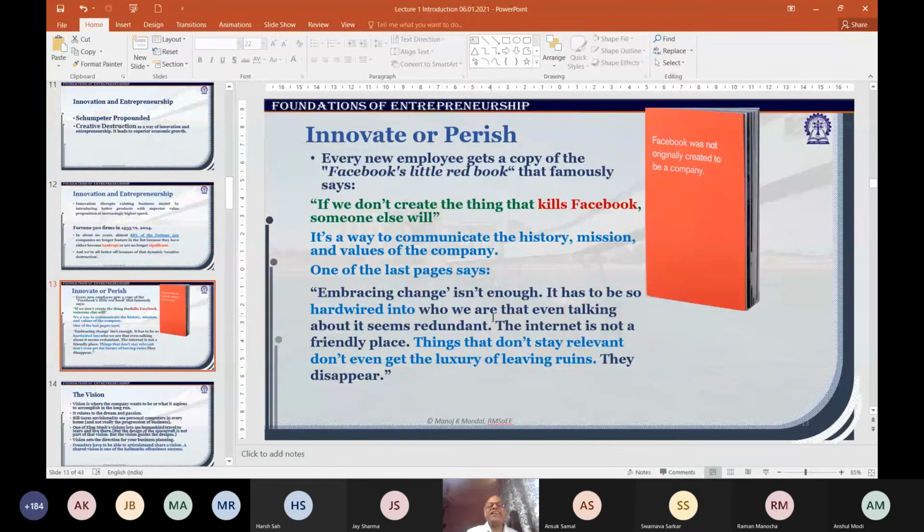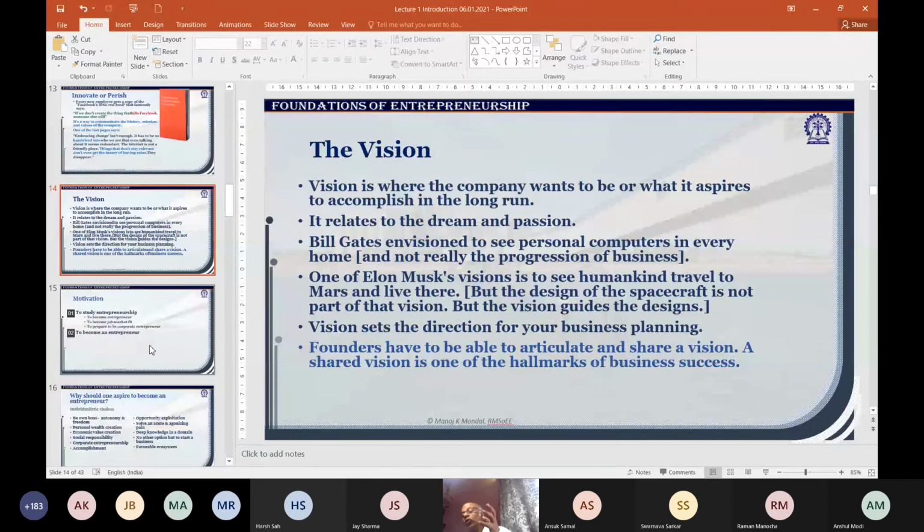So we better create it before anybody else. We create what can kill Facebook so that nobody else can, and we'll always remain ahead of competition. Try to think over it for some time, and then try to understand the depth of this statement. Facebook is standing on this slogan.